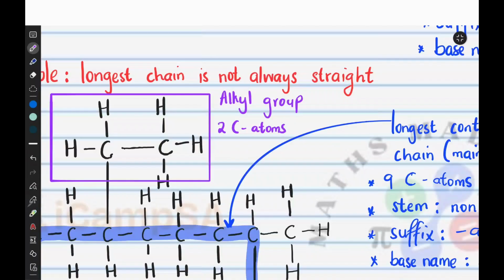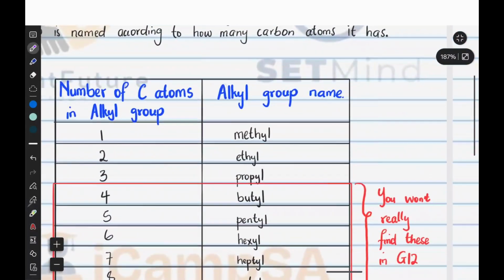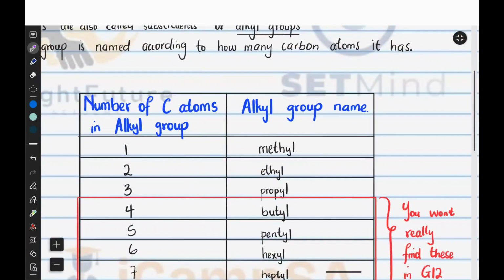Since it has 2 carbon atoms, it should be an ethyl group. Remember, if an alkyl group has 2 carbon atoms, it's an ethyl.